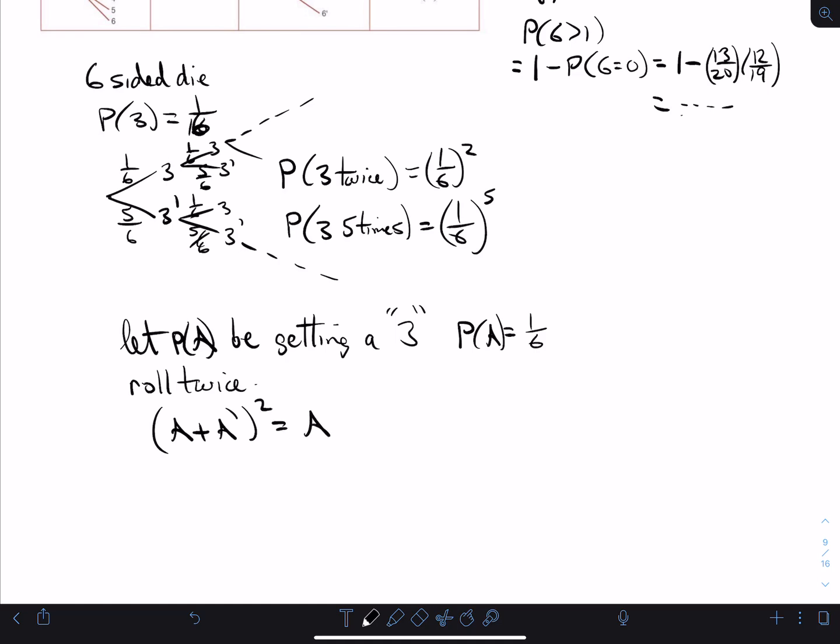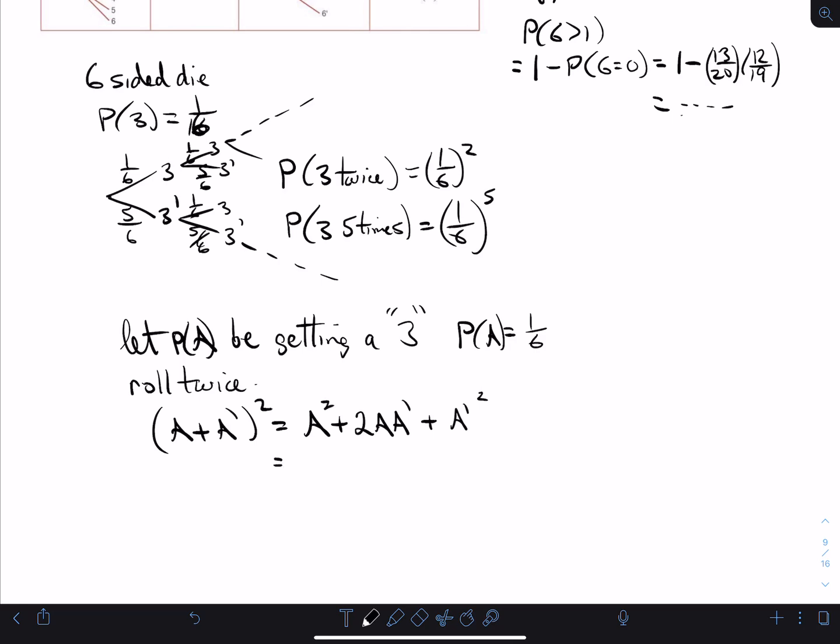And you do this. What you're doing is like doing a binomial expansion. So it'll be A squared plus 2A not A plus not A squared, like that, and that's squared.